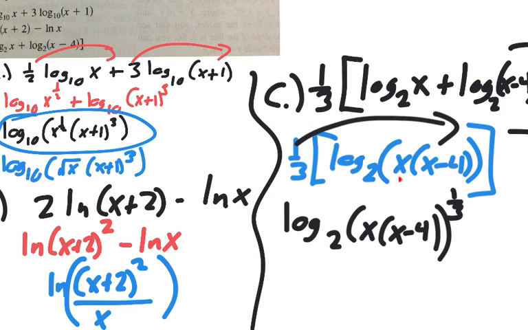So you have to make sure you get your parentheses right to show that it's all being raised to the 1/3. If you don't have two sets of parentheses, then it'll only look like you're raising x minus 4 to the 1/3. So make sure you have it all in parentheses and then raise it to the 1/3. Otherwise, it will be incorrect.